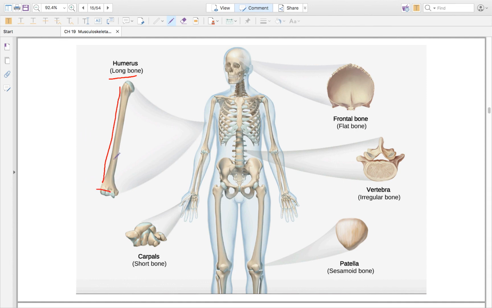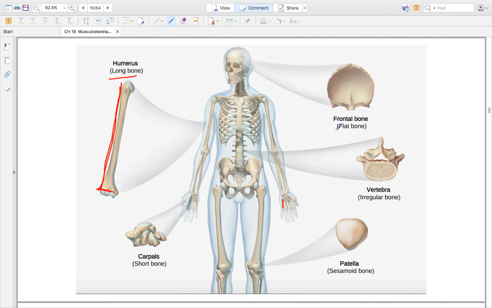So, for example, the bones in your fingers, your metacarpals and phalanges, these are long bones as well. They're actually really not that long, but they're long bones, because their length is longer than their width. All right, so those are long bones.